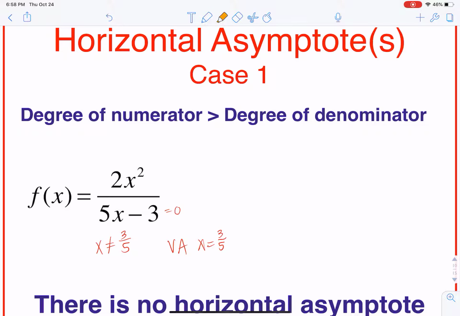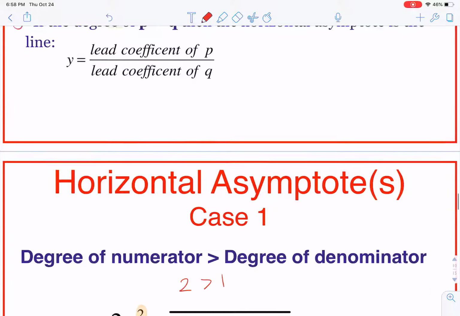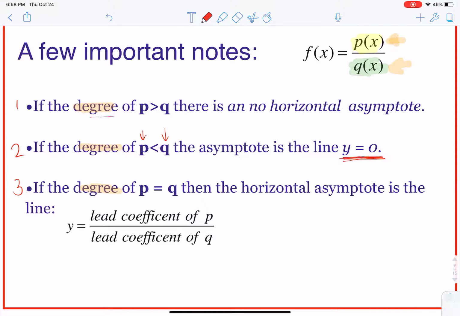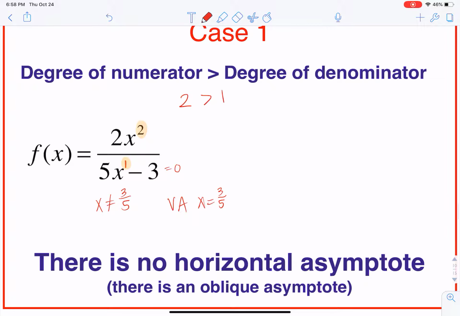Looking here, the degree of my numerator is 2 and the degree of my denominator is 1. The degree of the numerator is larger than the degree of the denominator, so this is case 1, and there's no horizontal asymptote.